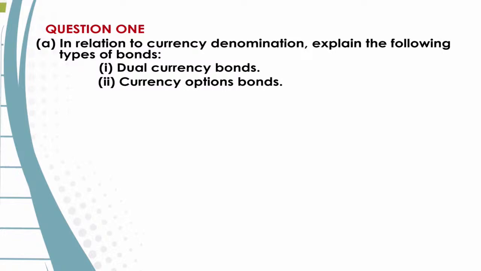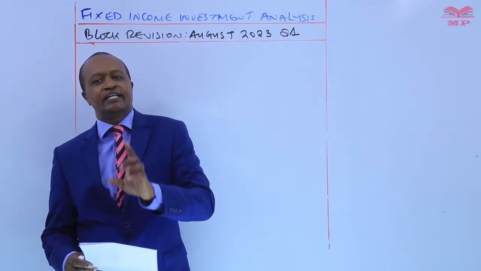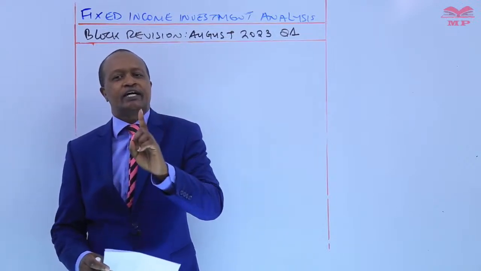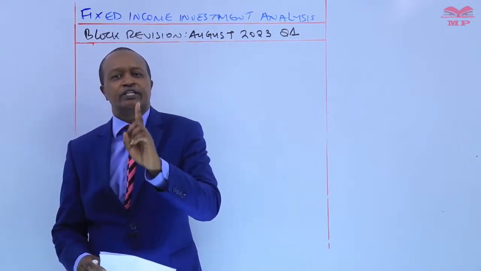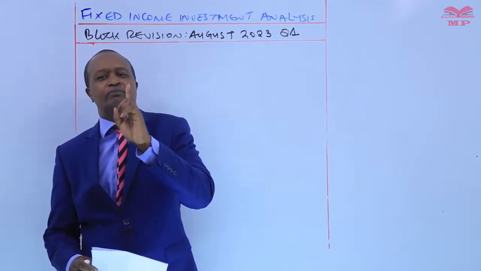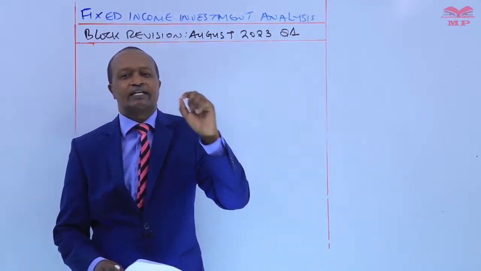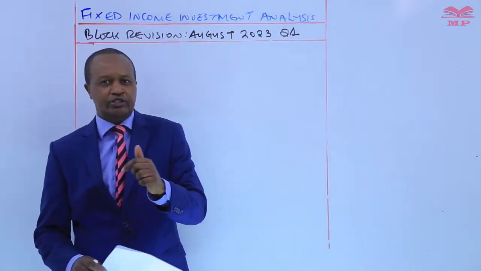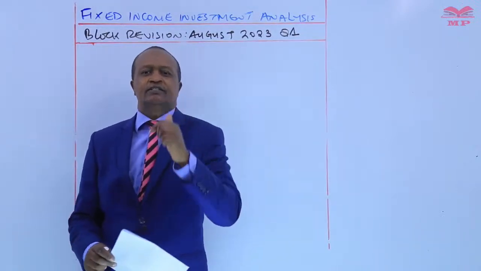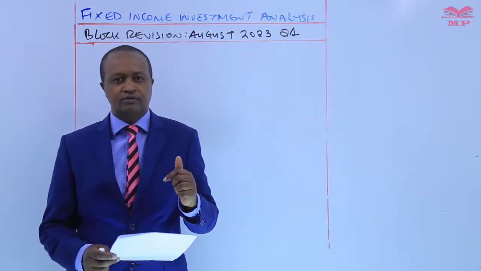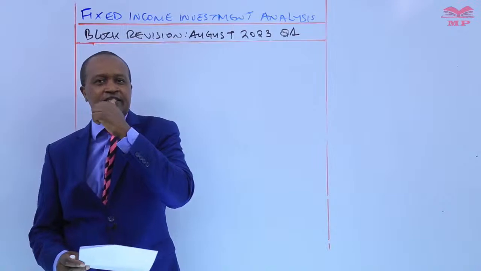Currency options bonds, I repeat, are bonds that give the bondholder the right but not the obligation to convert the bond's principal and the interest payments from one currency to another at a predetermined exchange rate on a specific date. Do you understand?